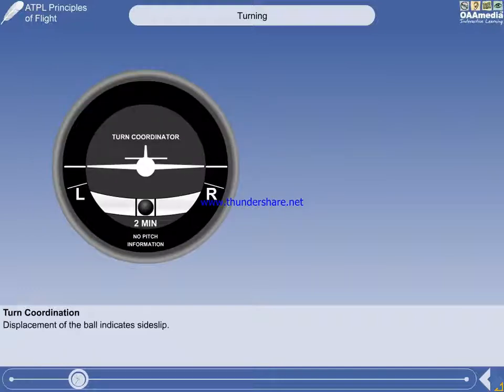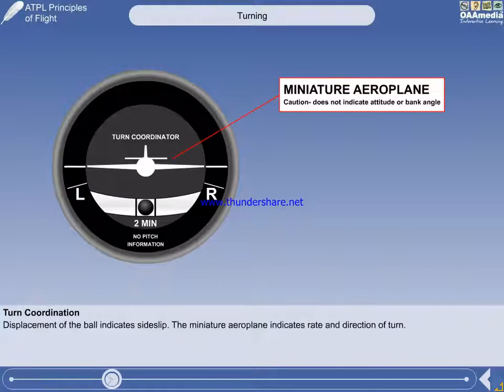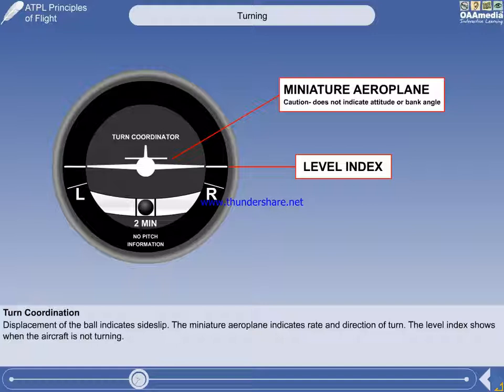Uncoordinated flight exists when the aircraft is side-slipping, and indication to the pilot of side-slip is given by the inclinometer portion, the ball, of the turn coordinator. The miniature aeroplane indicates rate and direction of turn, but not angle of bank. The level index shows when the aircraft is not turning, but not necessarily when the wings are level.